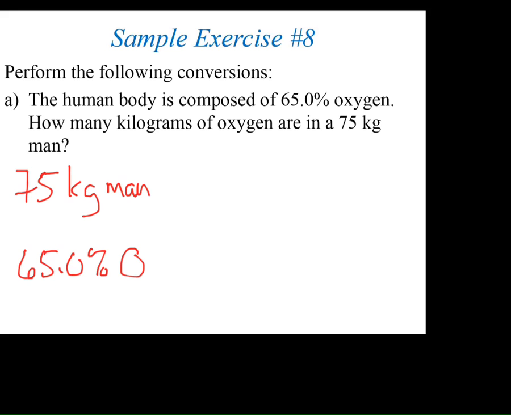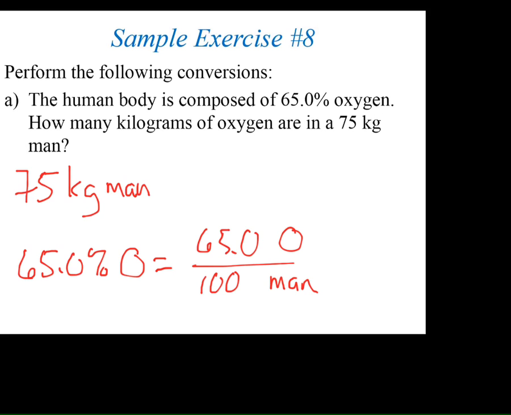Okay, so 65.0% is the same as saying there's 65 of whatever unit I'm using out of 100 of that same unit. Are you with me? That's the same as saying 65.0 whatever oxygen out of 100 whatever, and the total is man.